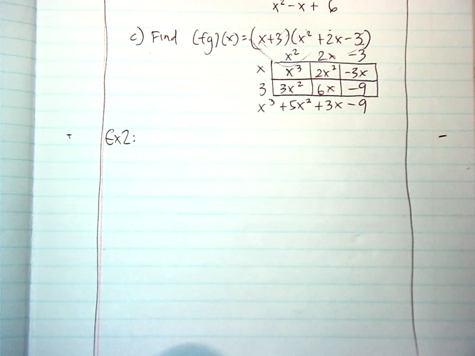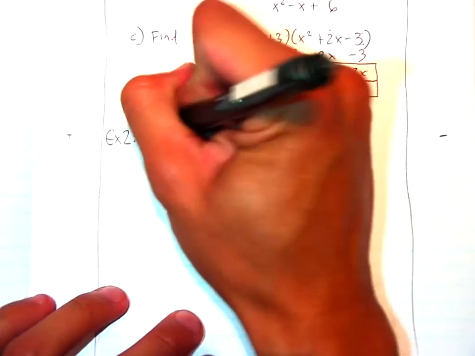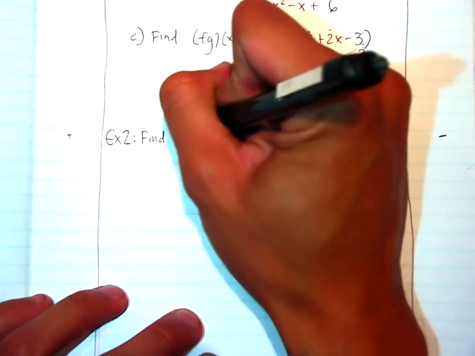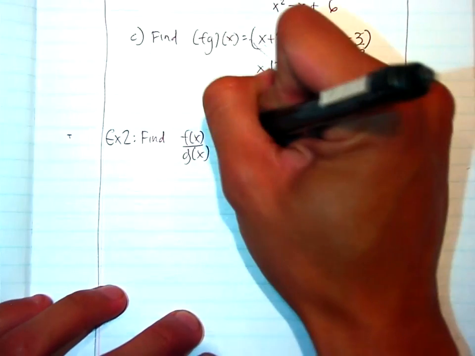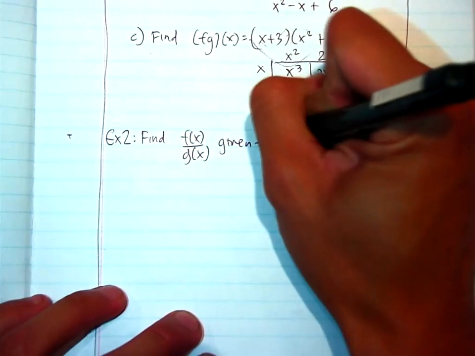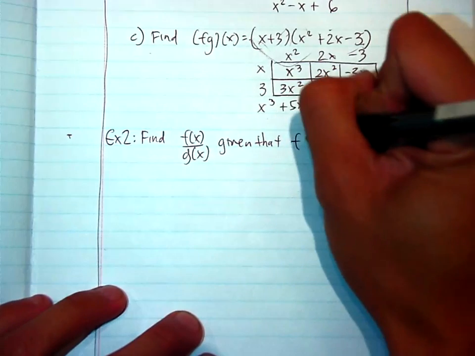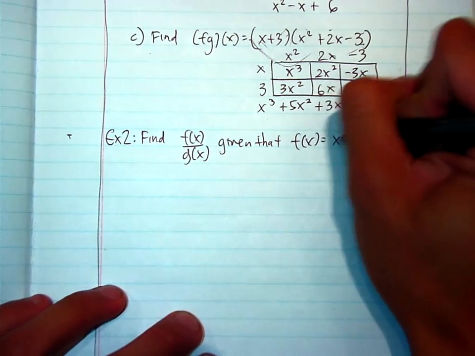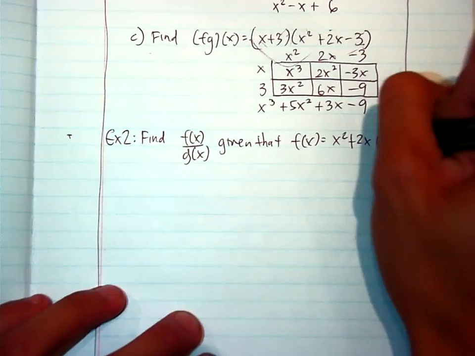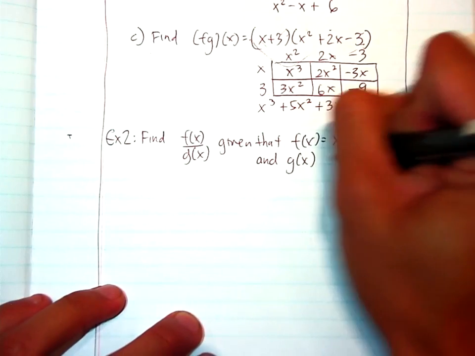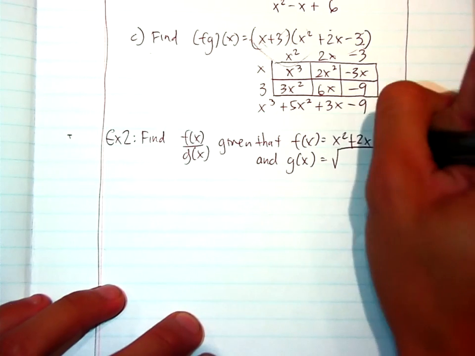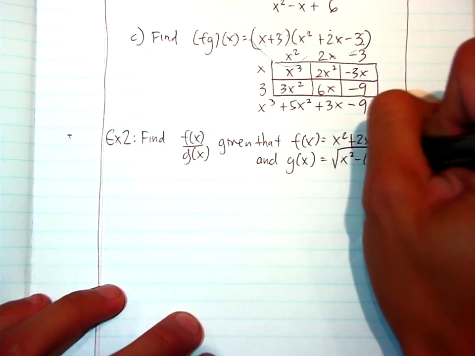Okay, so for the next example, we are going to divide. So we are going to find f of x over g of x, given that f of x is x squared plus 2x plus 4, and g of x equals the square root of x squared minus 16.